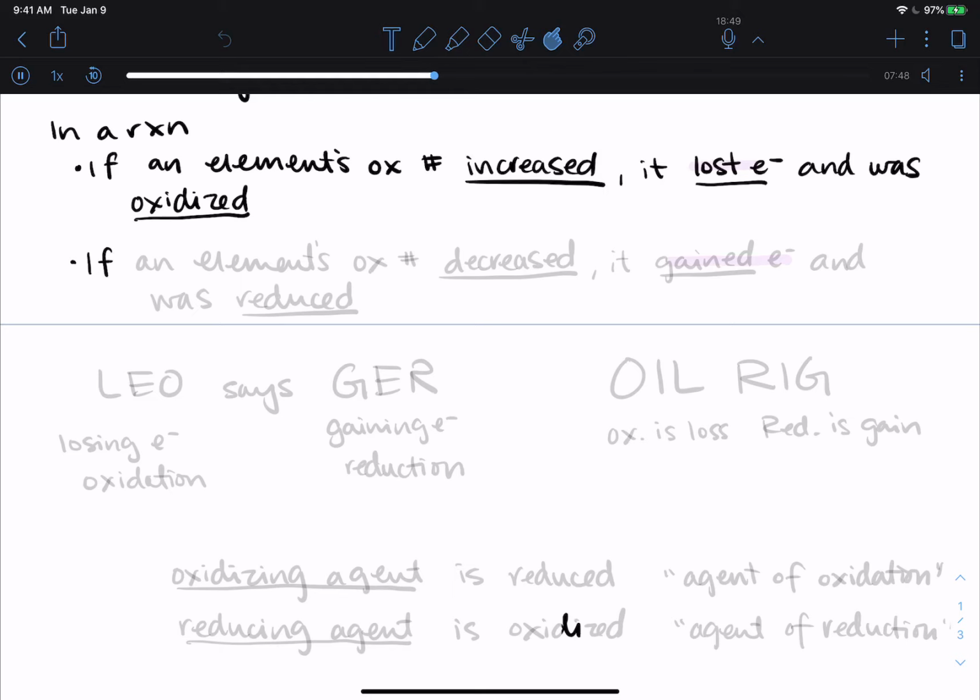And if an element's oxidation number decreased, it gained electrons and was reduced.